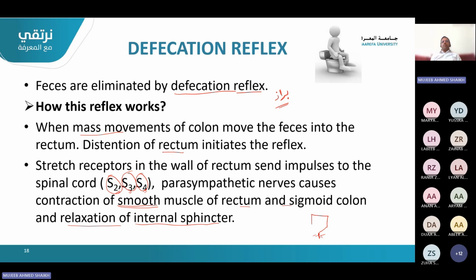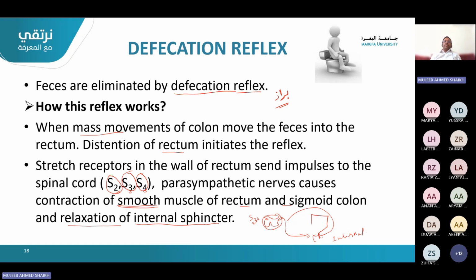This will be going to the spinal cord. Which region? S2, 3, and 4. And from here, the information comes back to relaxation of what? The smooth muscle, the internal sphincter.